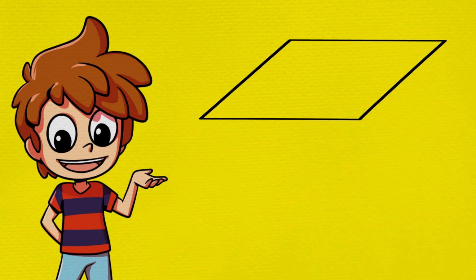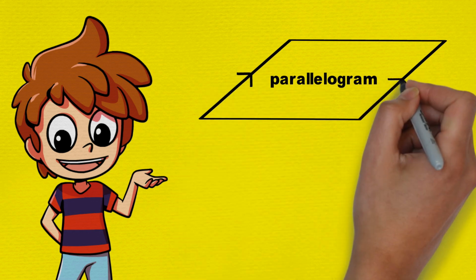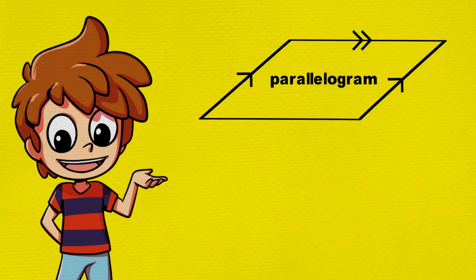So Min, a parallelogram is a quadrilateral which has opposite sides of equal length and also parallel. Remember, parallel lines are lines that will never meet, no matter how long they stretch.